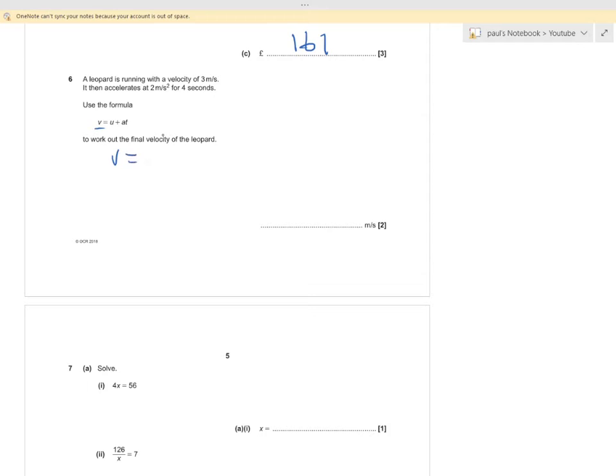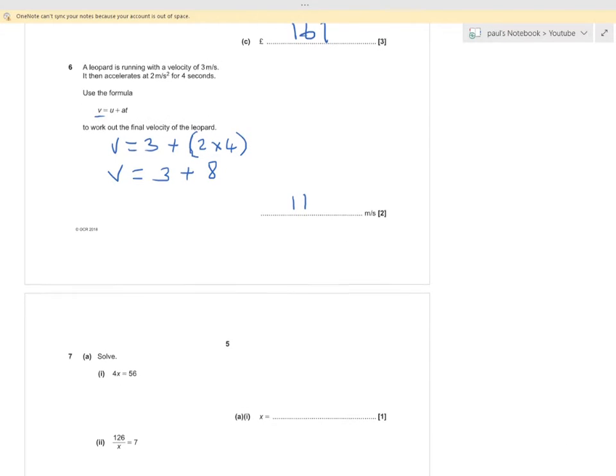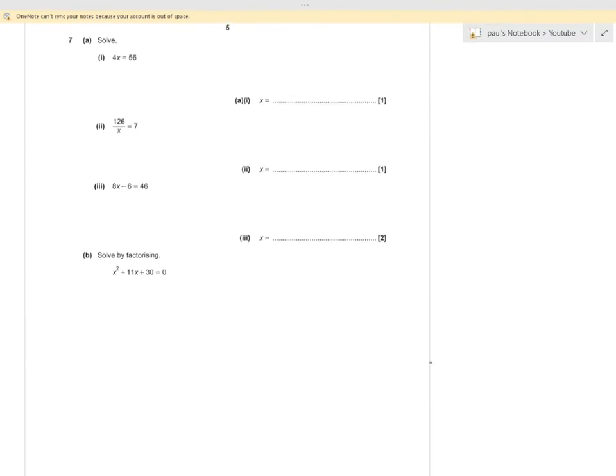So v equals his velocity, 3, plus he accelerates at 2 meters per second, in brackets, times 4 seconds. So that's 8 plus 3, which equals, v is 11. Get used to them now.